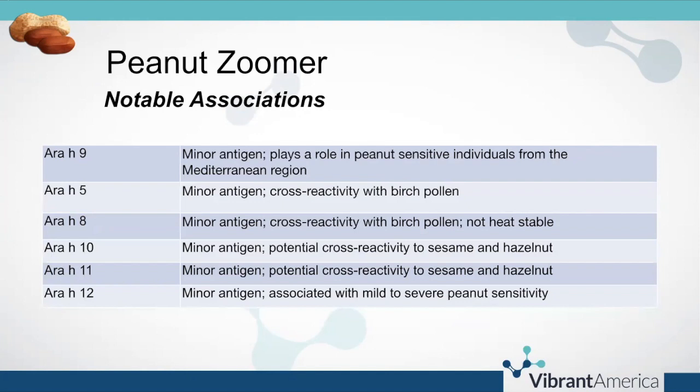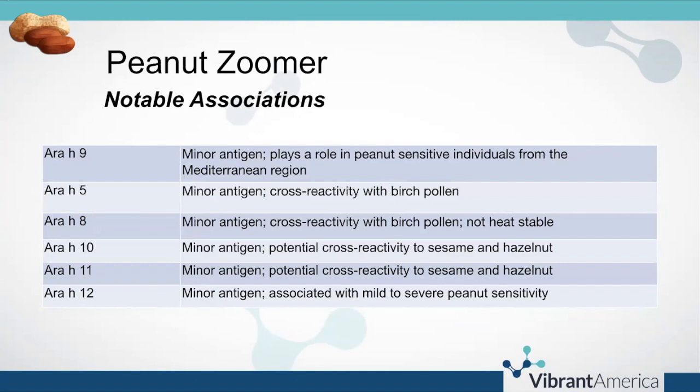The minor antigens, some of these are going to have cross-reactivity with pollen and other nuts, seeds, or foods. And so keep in mind that when a protein has cross-reactivity with another protein, exposure to one or both can elicit the same symptoms.